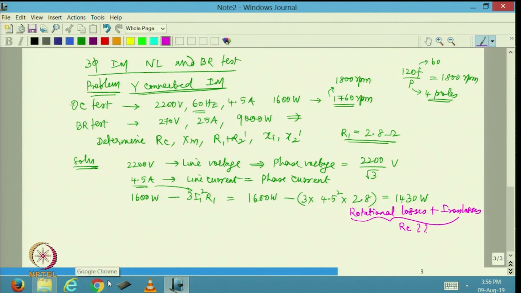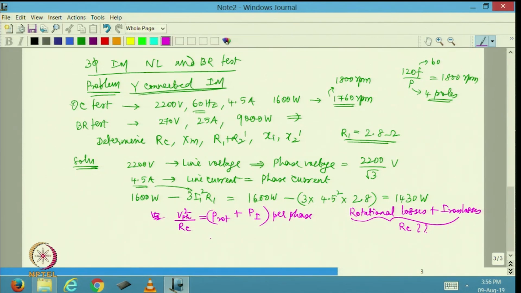So, for RC, let me try to write V square divided by RC will be P rotational plus P iron per phase. So, very clearly this also should be per phase voltage.